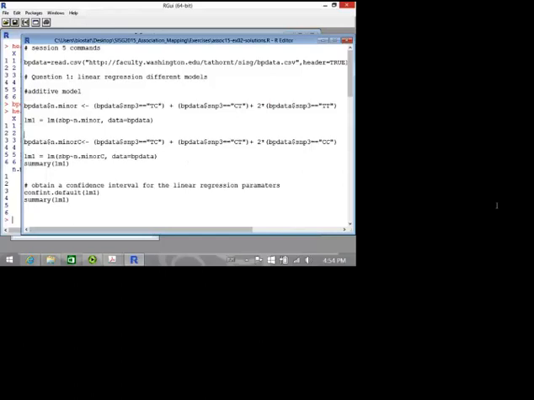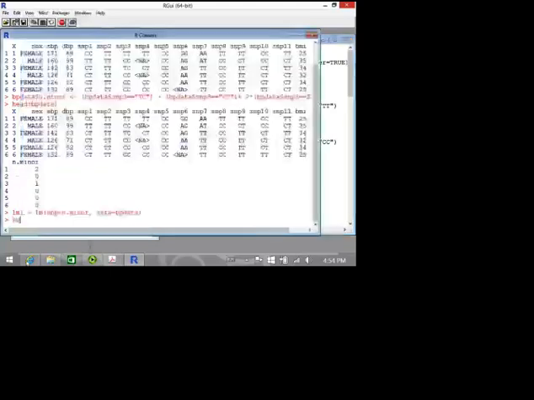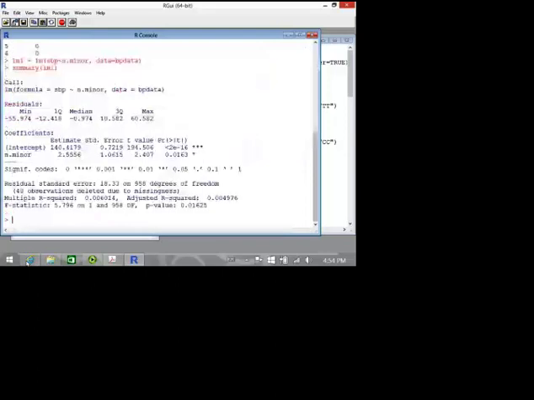Okay. So simple linear model right there. And so what is that? Let's look at that model. So what do we have for the additive model? It is significantly associated.